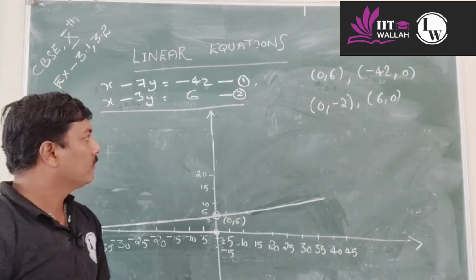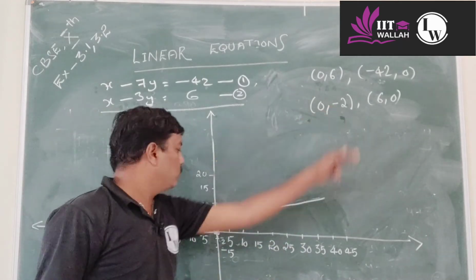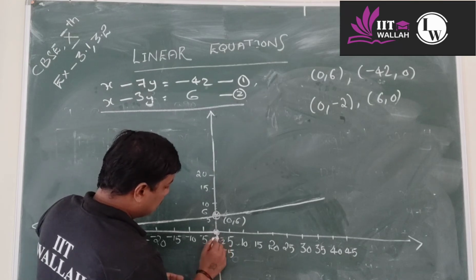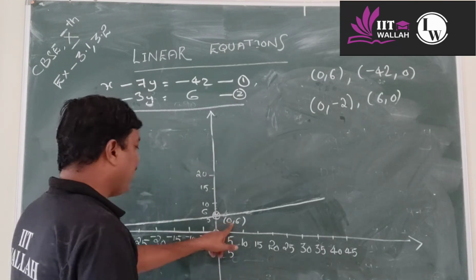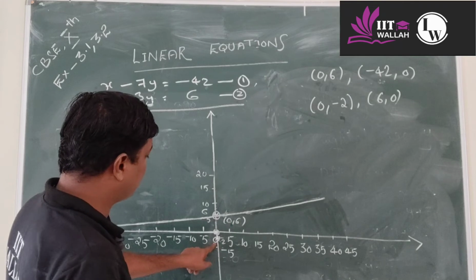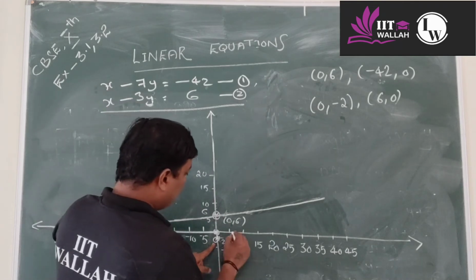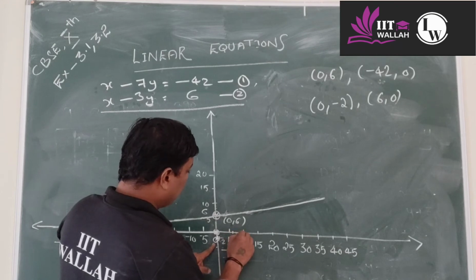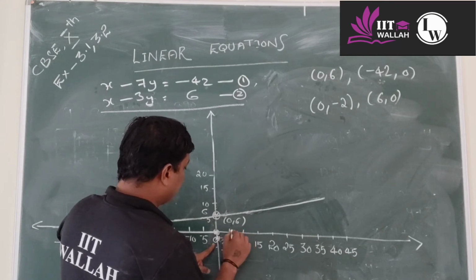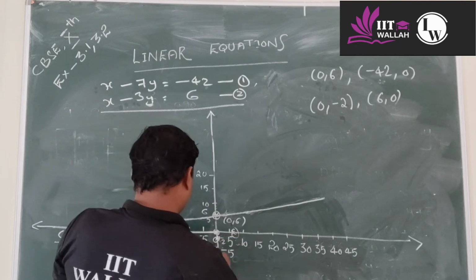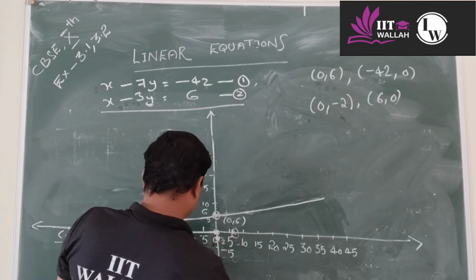And now 0 minus 2. 0 minus 2 will be here. This is 0 minus 2. You can write the coordinates also. 0 minus 2 is this. And 6, 0. 5, 6 will be here. 6, 7, 8, 9. So 6 will be almost here. 6, 0. So these two are the lines like this.